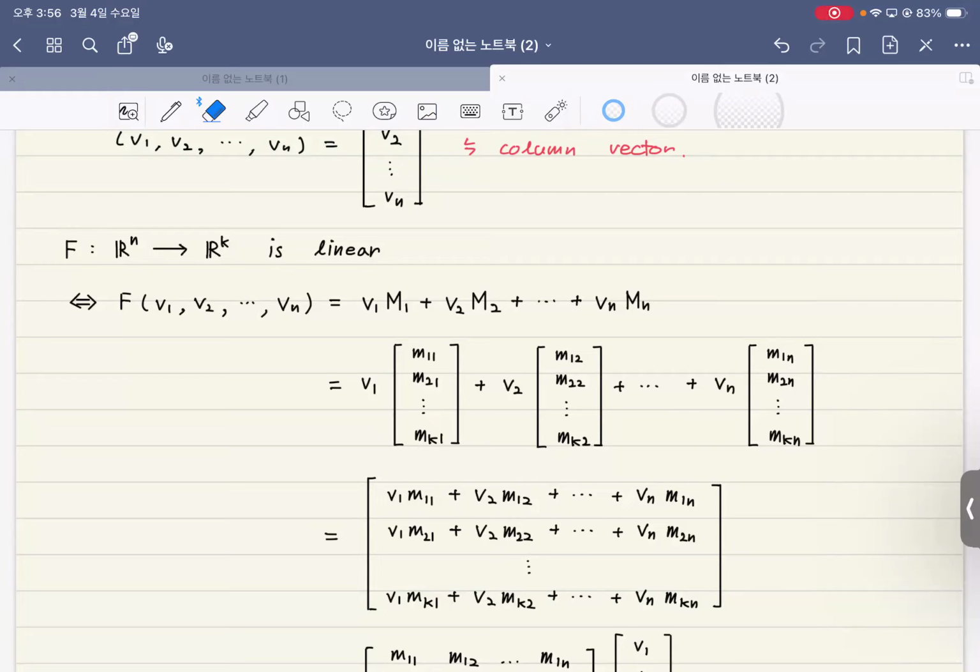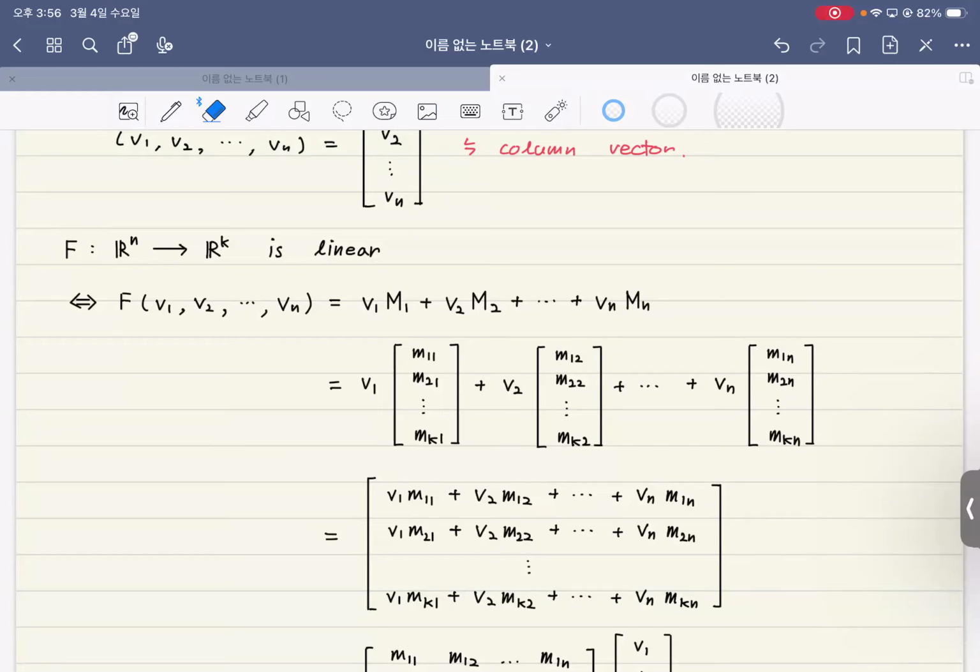As you can see from this picture, each of these vectors has precisely k entries, right? Because they are k-dimensional vectors. I do not know the specific values of these numbers. These numbers may vary depending on the function f, but anyway, you must have these numbers.